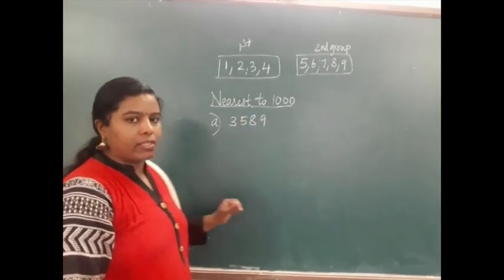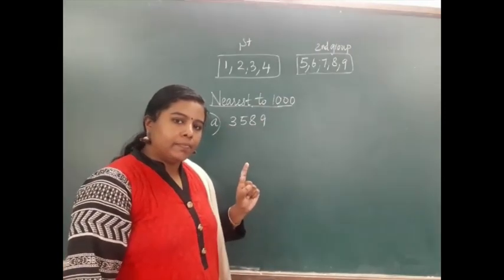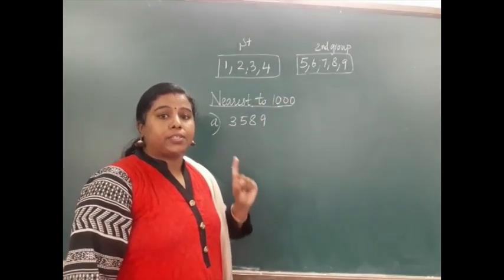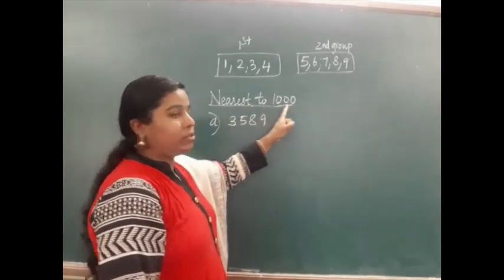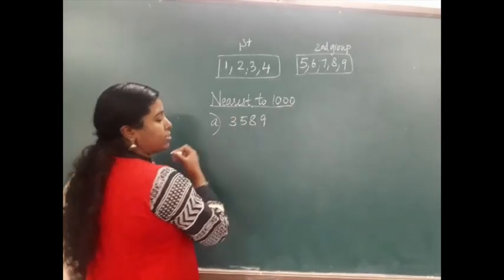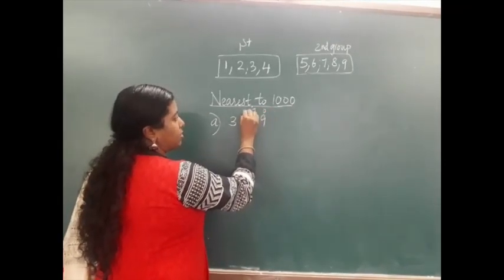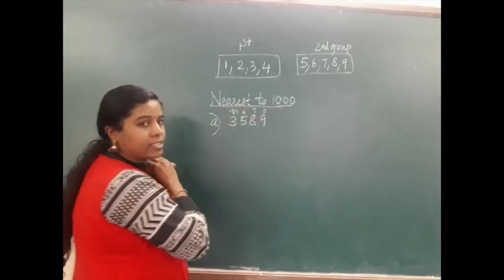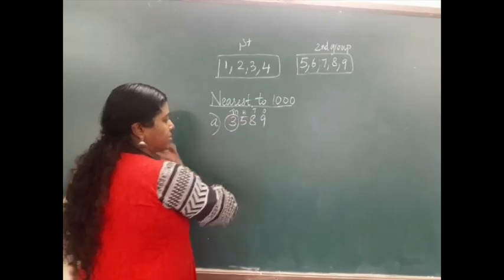We have to round this number to the nearest 1000. So what is the first step? Circle the digit in the given place. What is the given place here? Nearest to 1000, so the given place is 1000. What digit comes in the 1000 place? Let's see. Ones, tens, 100, 1000. The digit 3. So I circle this digit.